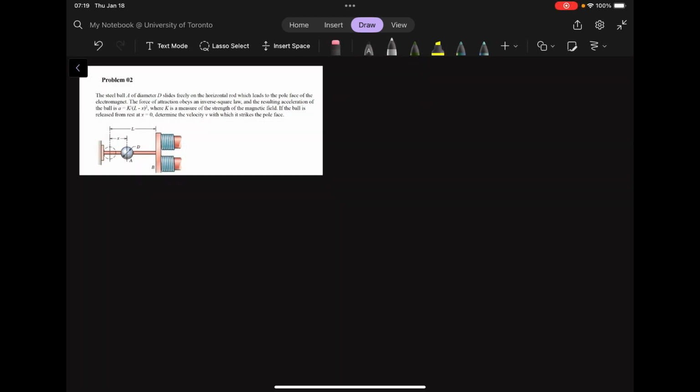Question number 2. The steel ball slides freely on the rod under the effect of an electromagnet, and it has an acceleration A equal to K divided by (L minus x) squared. Here K and L are constants, so we need to find the boundary of x. From the question, we know that the ball is released from rest at x equal to 0.